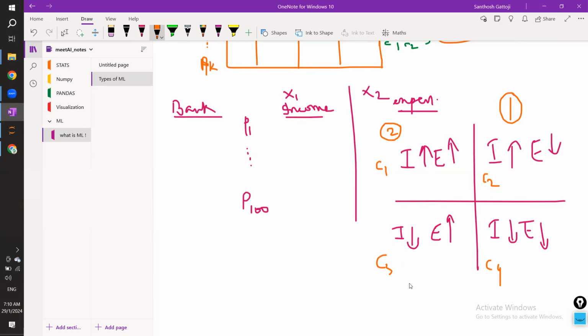And the third guy will be... income less, expenditure more. No, which one? C3 or C4? C4. Fine. Yes, right. This guy is C4 because he's earning less, but he's also spending less.